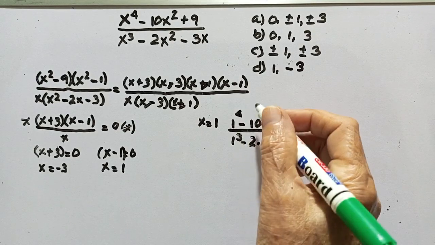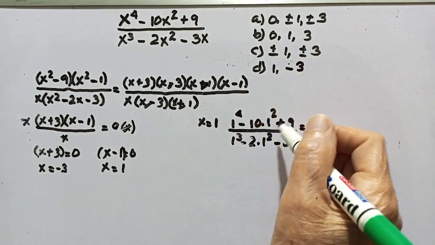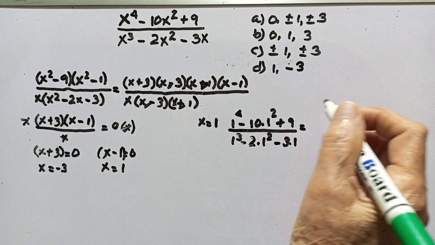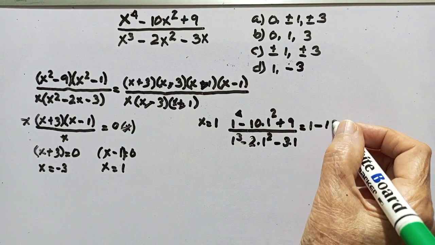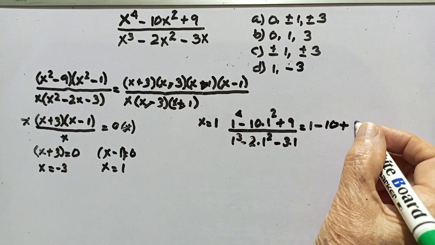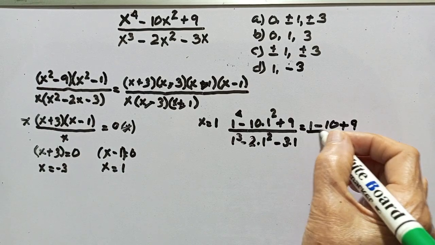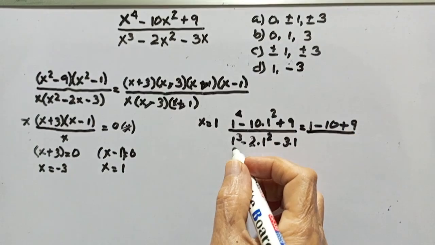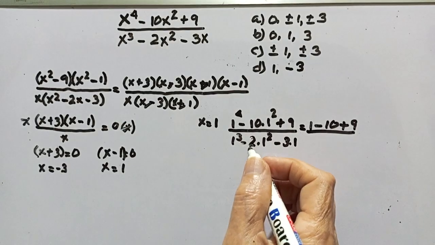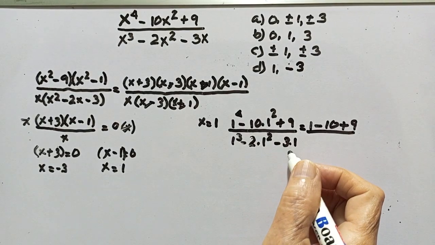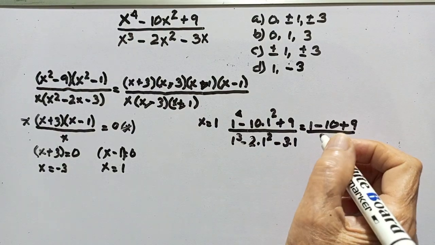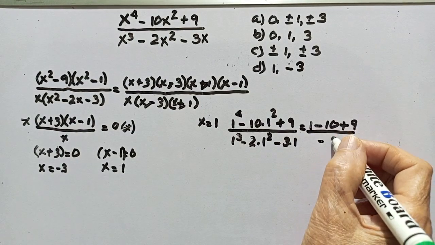1 to the 4th is just 1. And 1 squared is just 1. So what is left is 1 minus 10 plus 9. And this is 0. That is then minus 2 and minus 3. So minus 2 and minus 3, that would be minus 5. Plus 1, that would be minus 4.